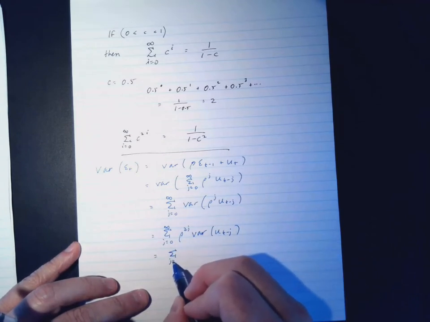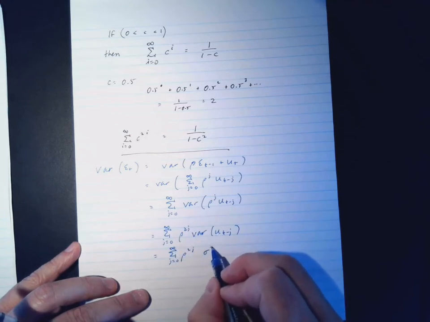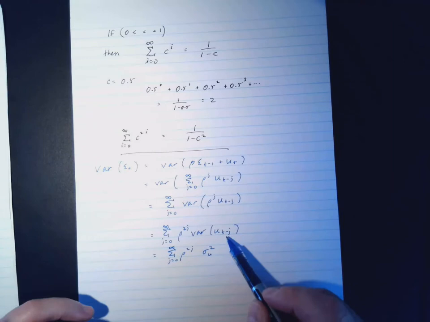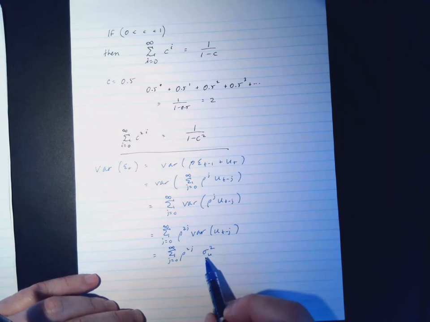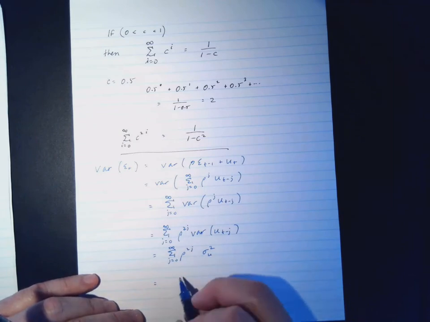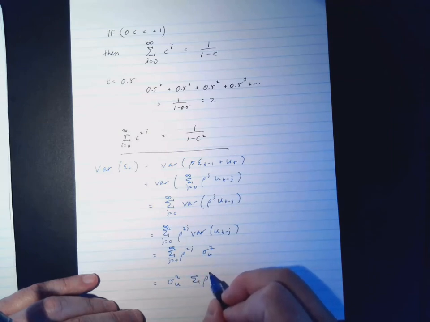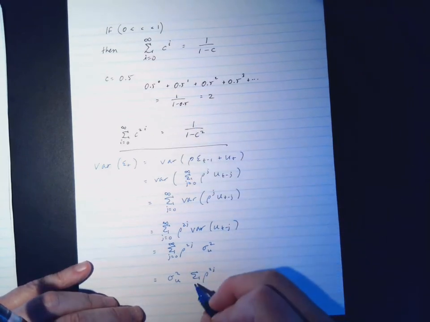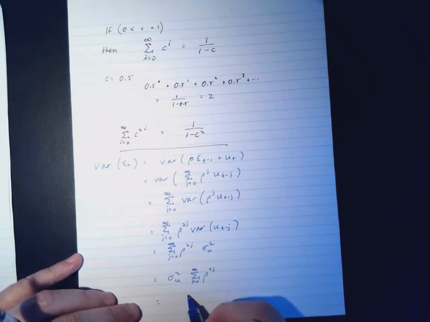So we've now got the sum from j = 0 to infinity of rho^(2j) times sigma squared, with a little u under there to indicate the variance of u is sigma squared subscript u. Then I can take that outside the summation, sigma squared u, and now I've got the sum of rho squared to the power of j. So then I can use that result. So that is sigma squared u over 1 minus rho squared.